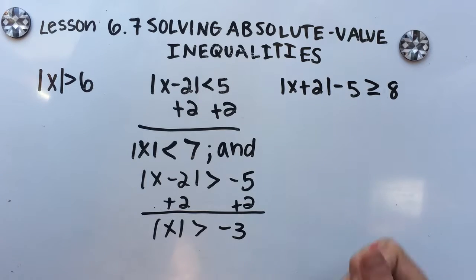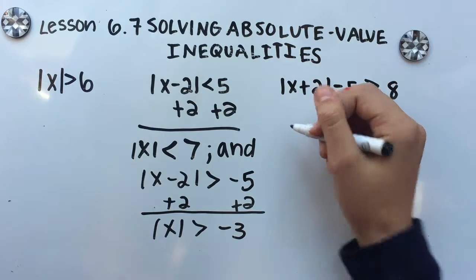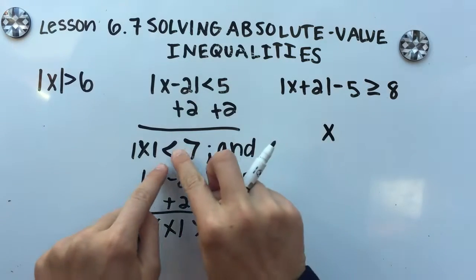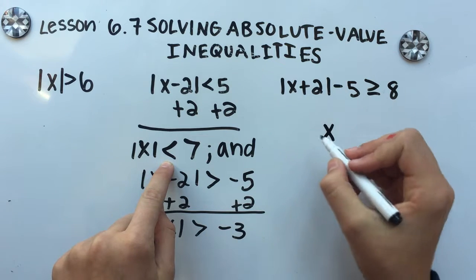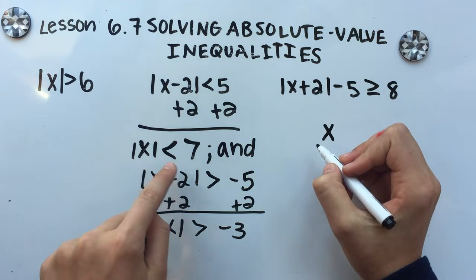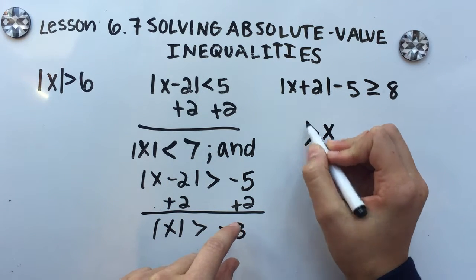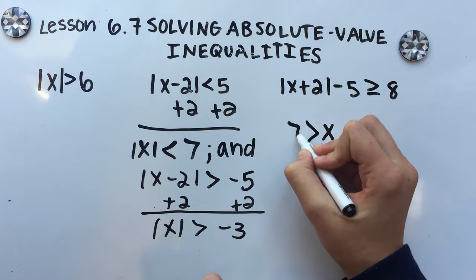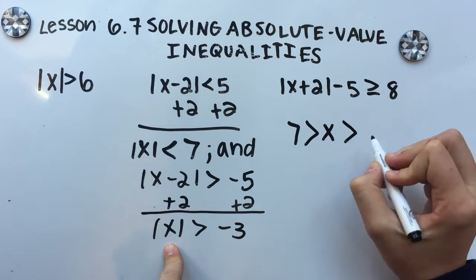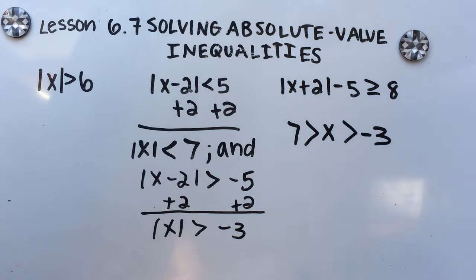Now we have our two inequalities, and we have to put them together since it's an and. So we have x in the middle, and x is less than 7, with the mouth of the alligator pointing towards the 7. And over here the mouth of the alligator is pointing towards the x, with negative 3. So that's what we would graph.